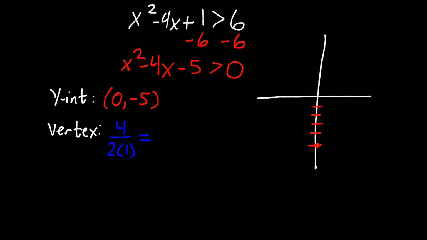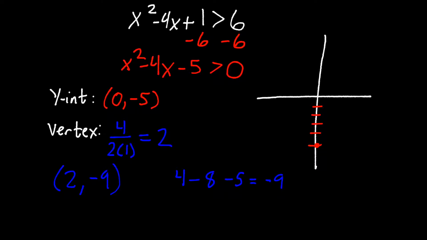That gives us 4 over 2, which is just 2. So my vertex is starting at the point 2, and if I plug 2 into the rest of this, I'd have 2 squared, which is 4, minus 4 times 2, which is 8, minus 5, and that's going to give us a -4 minus 5, which is a -9.